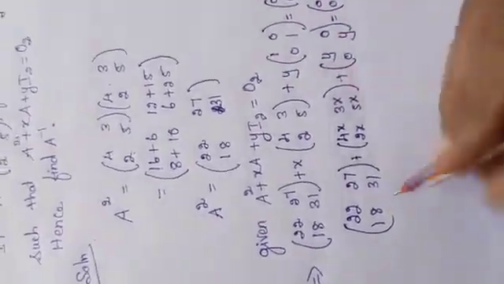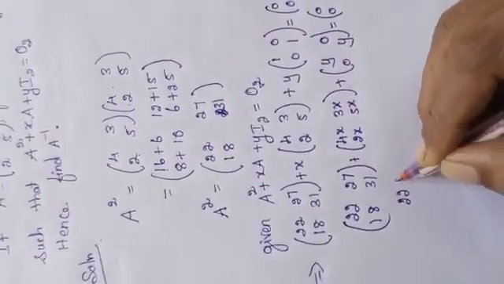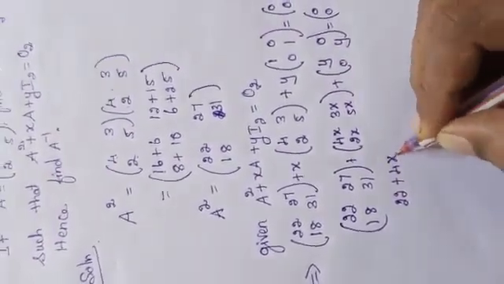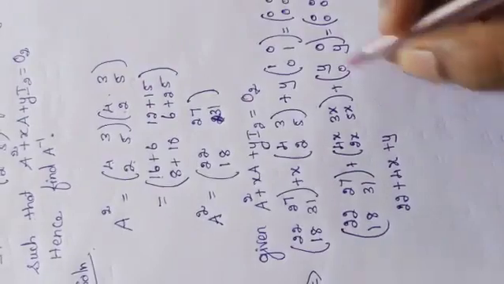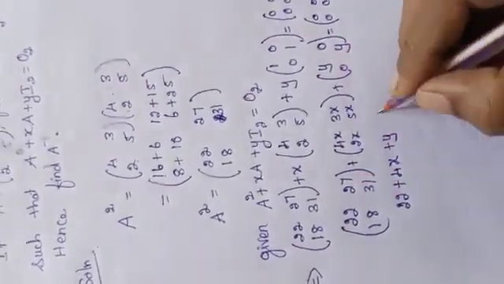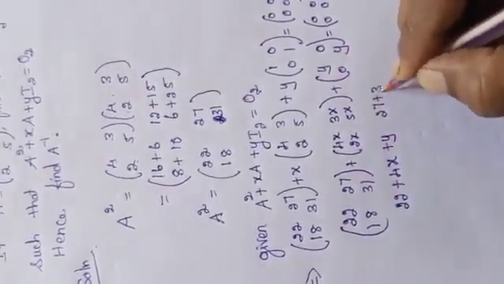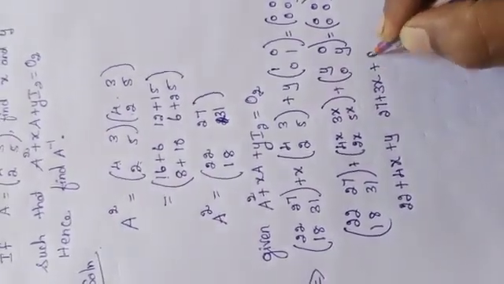Now add all those things, what will we get? 22 plus 4X plus Y. The next value is 27 plus 3X plus 0.